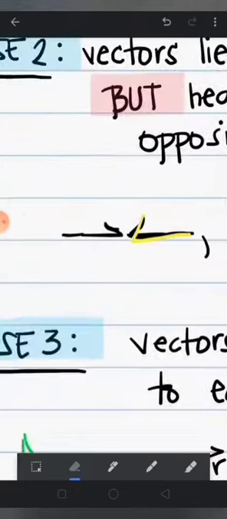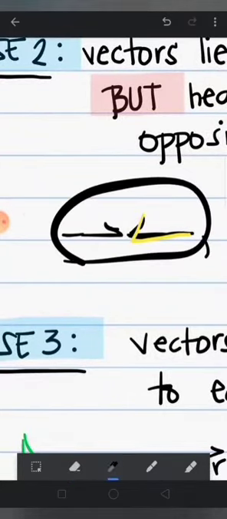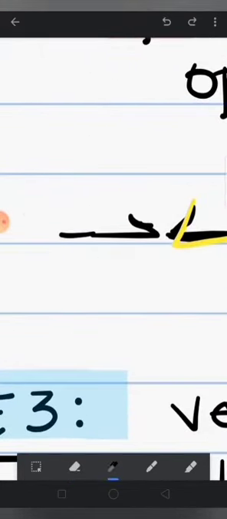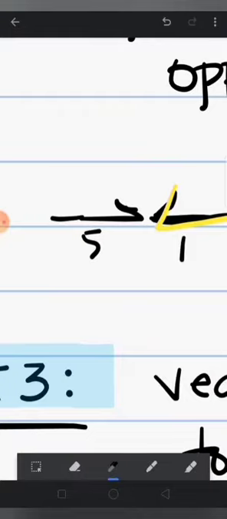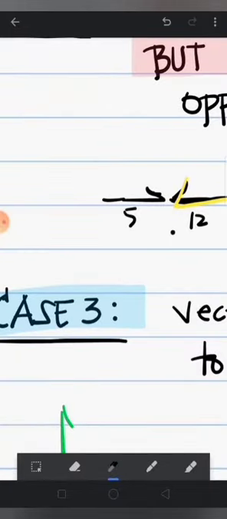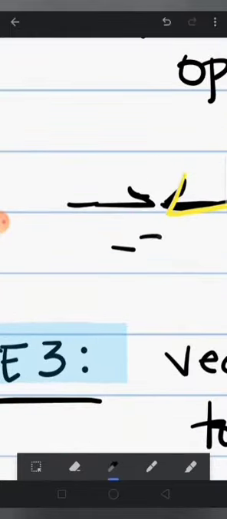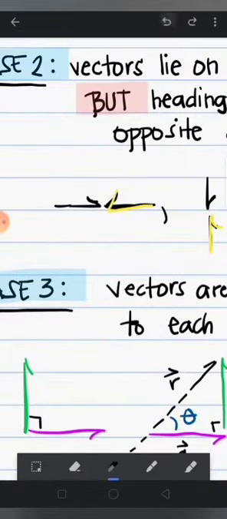This time, as we can see, these two vectors, one heads towards positive and the other towards negative. So if we add, let's say 5 and 12, that is 5 plus negative 12, and that's negative 7. So just take the sign. That's the most important one.